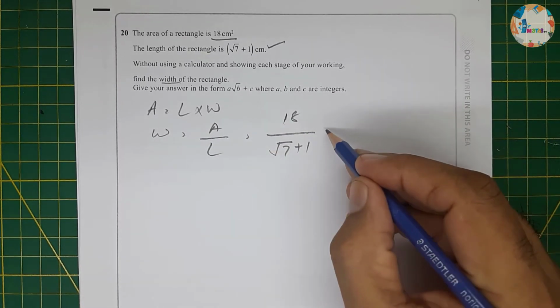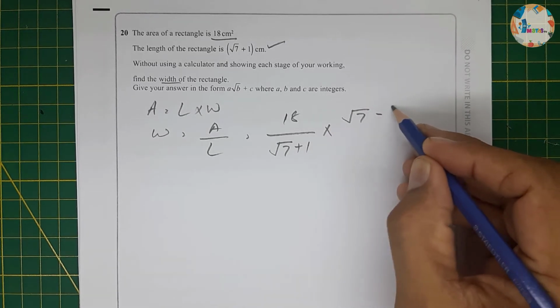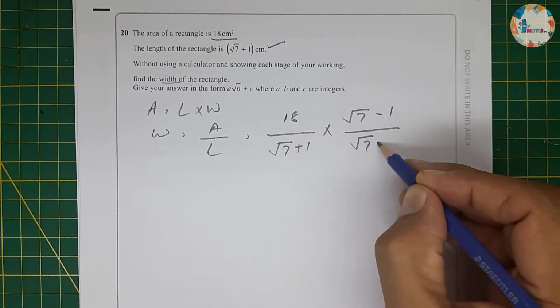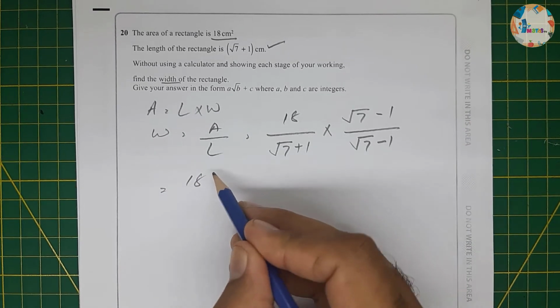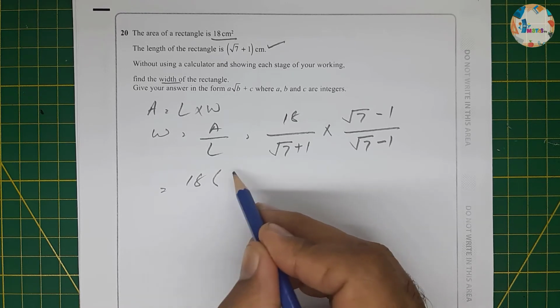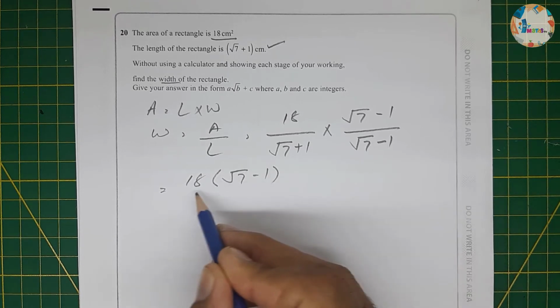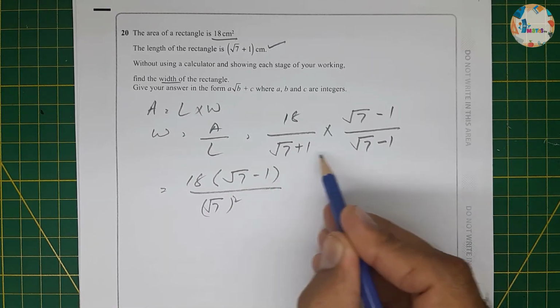1. So we can rationalize by multiplying by under root 7 minus 1 over under root 7 minus 1. So this will be 18 under root, we can write the same as this one, divided by this will be under root 7 square, a plus b, a minus b.